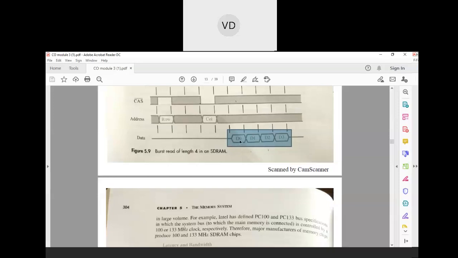So after the row address and column address is given, what is the delay it is taking for transferring only the first byte of data? Only the first byte. Because the second byte of data automatically, without any delay, goes on transferring. So what is the time taken to transfer the first byte of data?